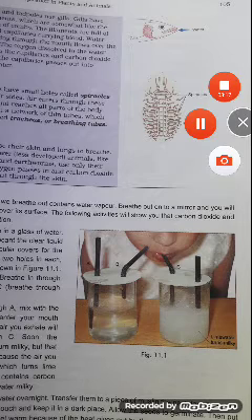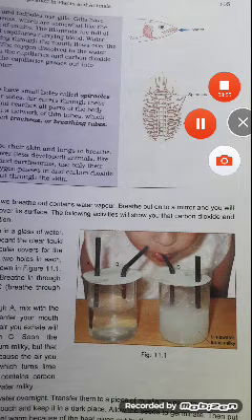Now, external respiration. The taking in of oxygen and giving out of carbon dioxide is called external respiration or breathing. It takes place differently in different organisms. Some organisms use their lungs to breathe.